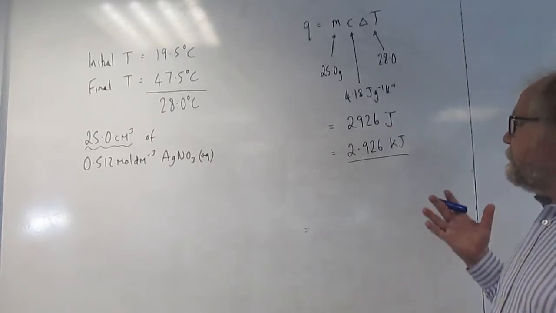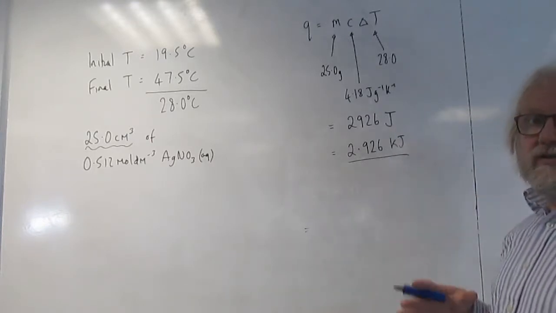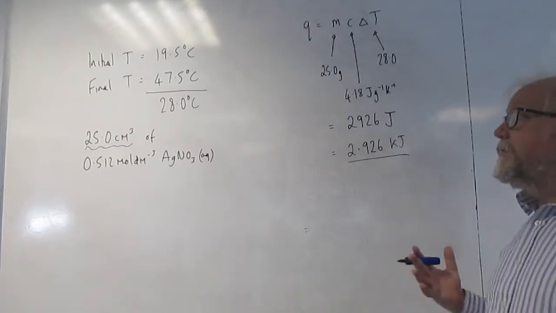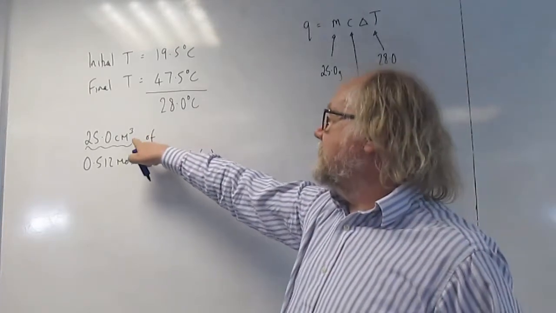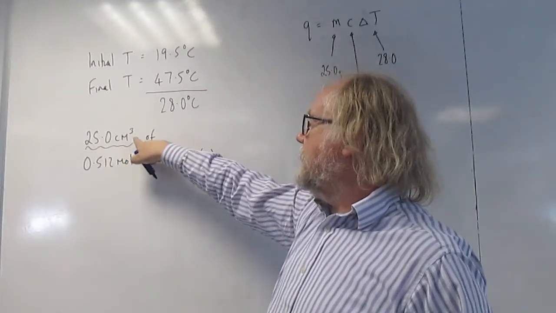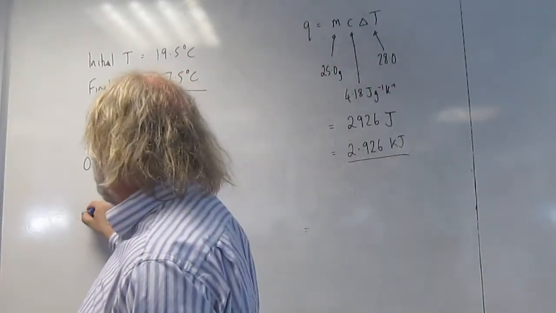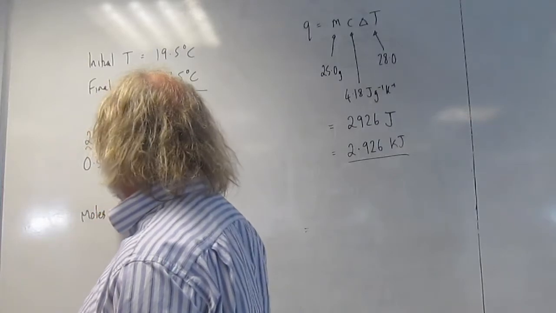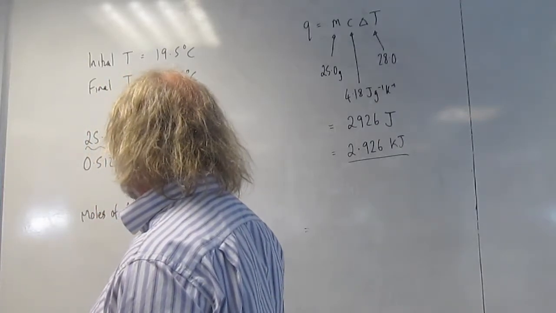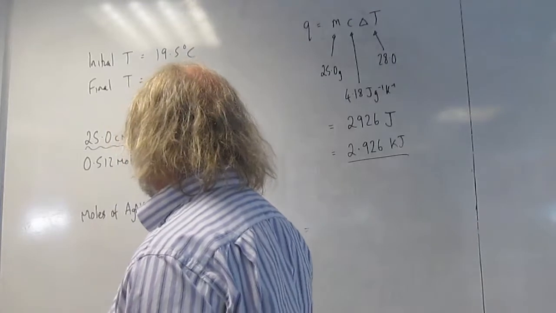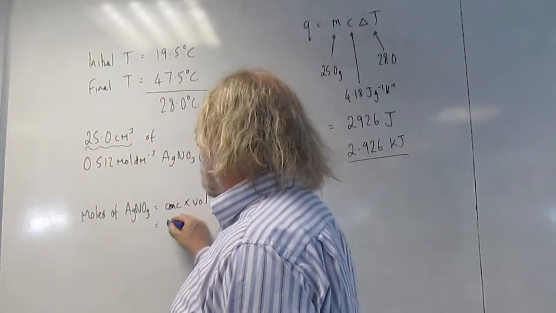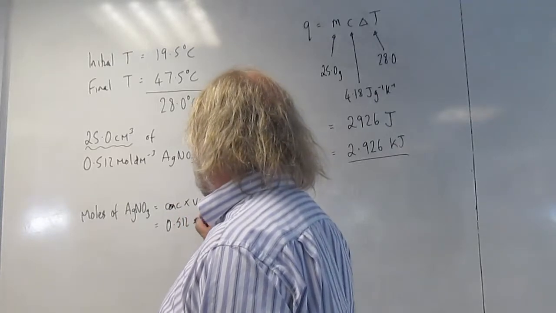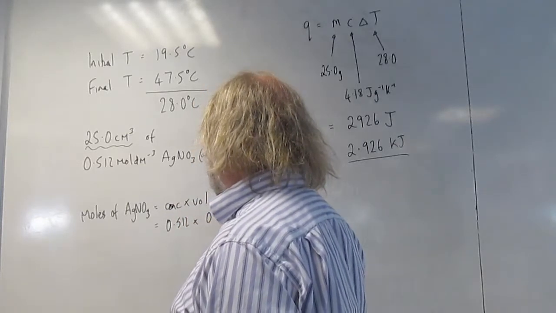So we've got to change it from kilojoules to kilojoules per mole. And therefore the next job is to work out, well, how many moles did we have? And of course that's where these numbers come in. You've got the concentration and you've got the volume, so you can work out the moles of AgNO3, which is concentration times volume, which is 0.512 times 0.025.